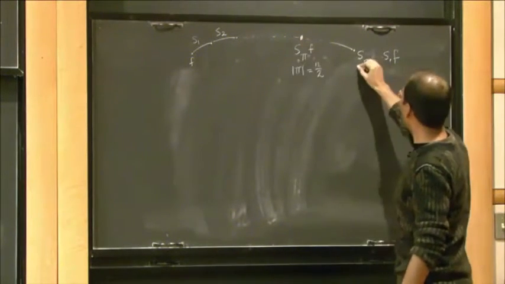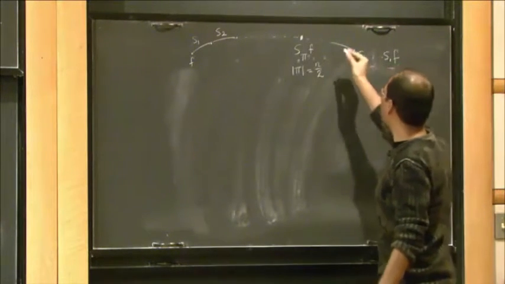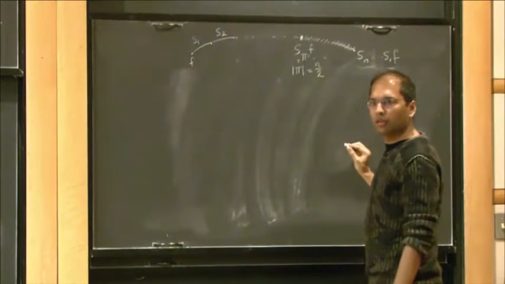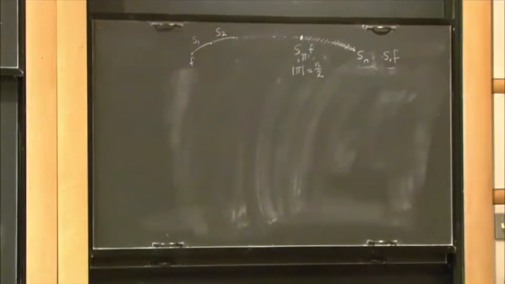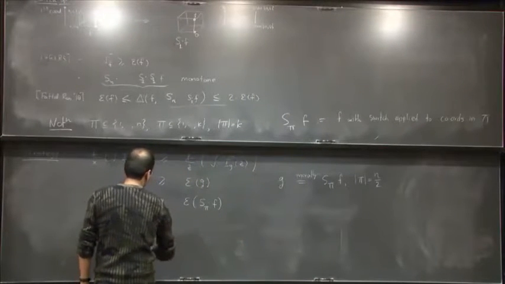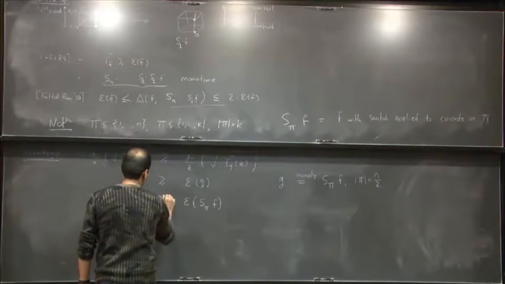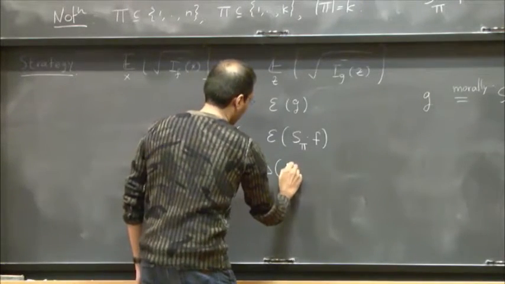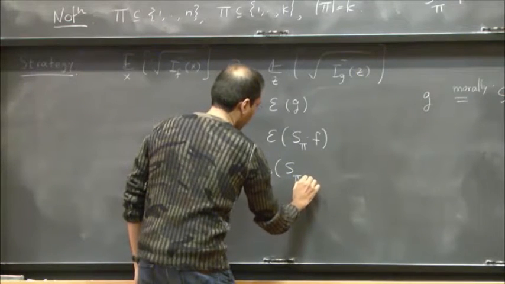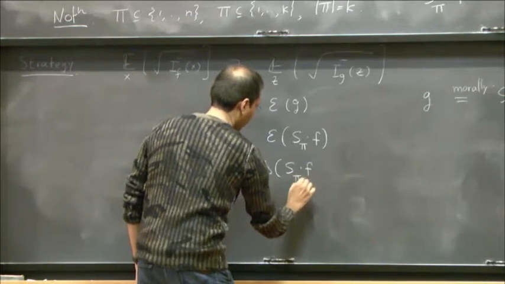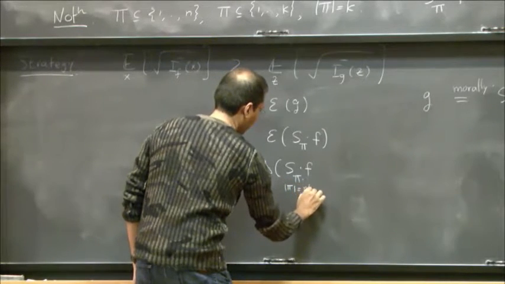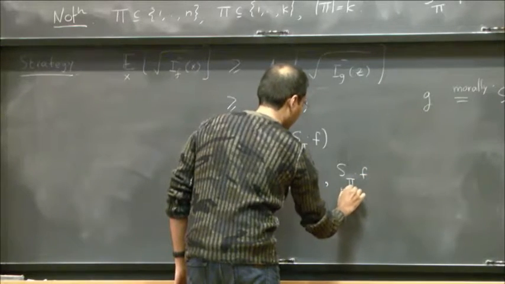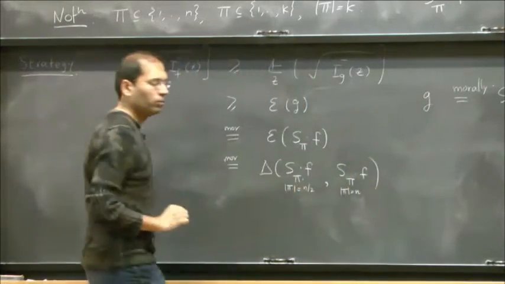Now, since this final function is monotone, the distance to monotonicity, again, at least morally speaking, is simply this distance. So this is at least, morally, the Hamming distance between s pi f with size of pi equals n over 2 and s pi f with size of pi equals n, meaning if you went all the way up to n.